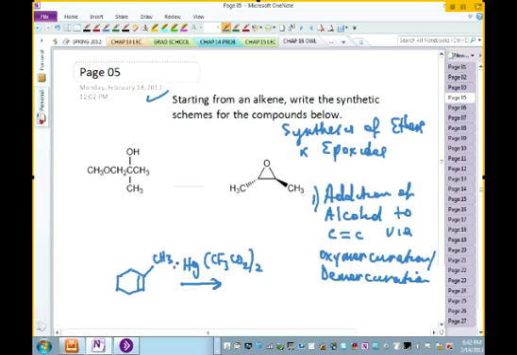Now the difference is, if you are going to add water, we will use water here as a solvent. Since we want to add an alcohol, let us take any alcohol. Say for example, we wanted to add ethanol. We will now have this mercuric trifluoroacetate in the presence of, for example, ethanol.